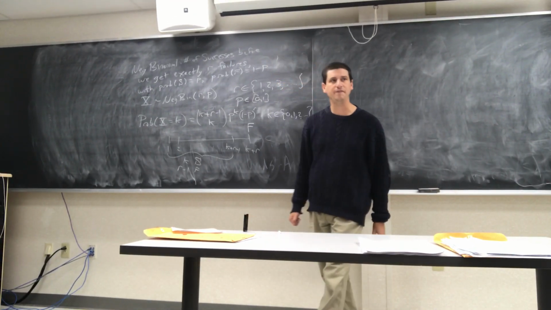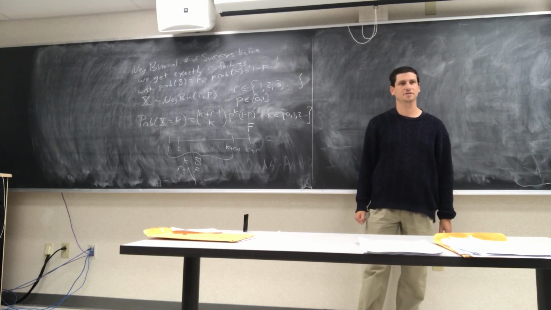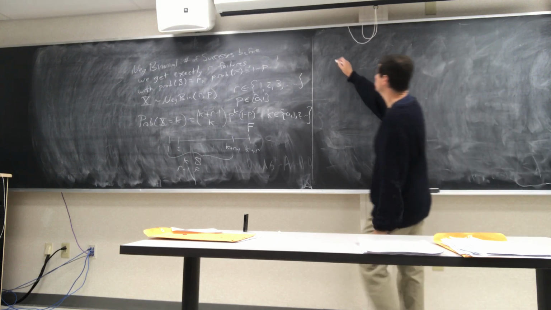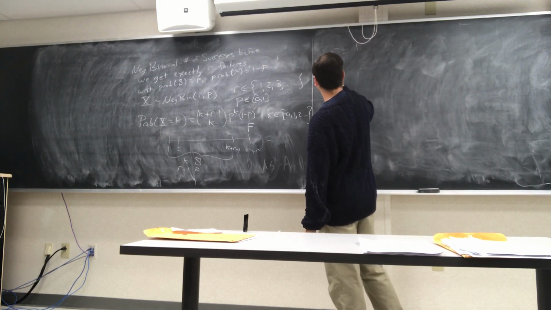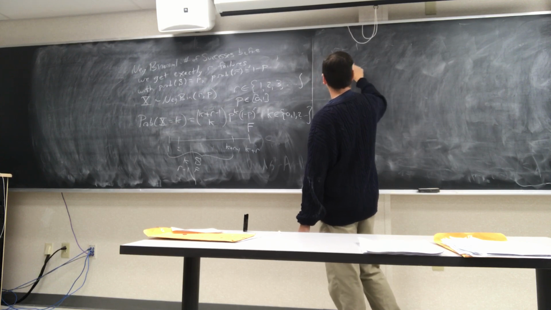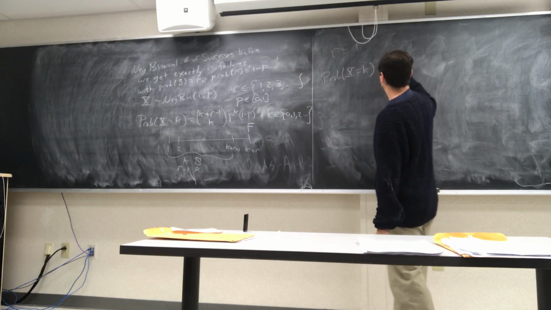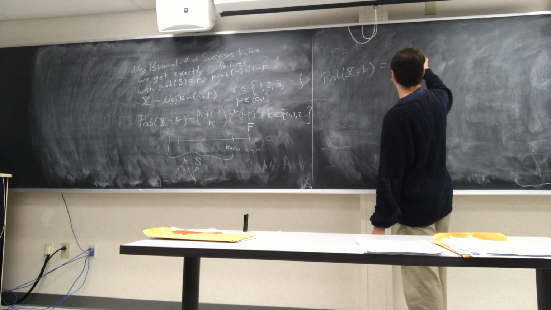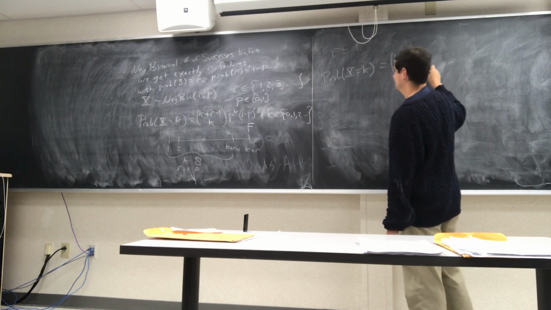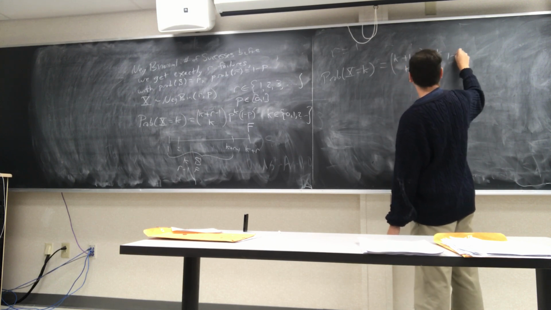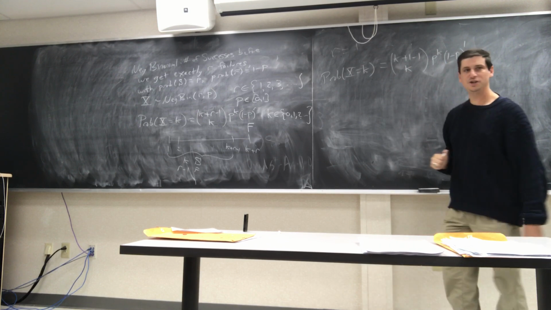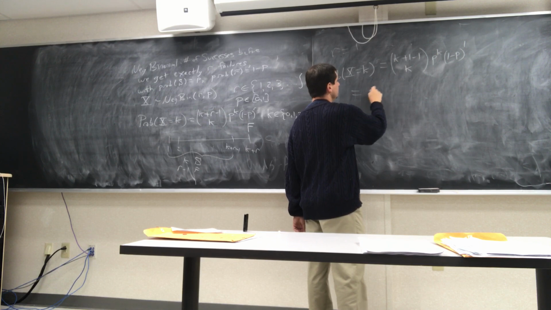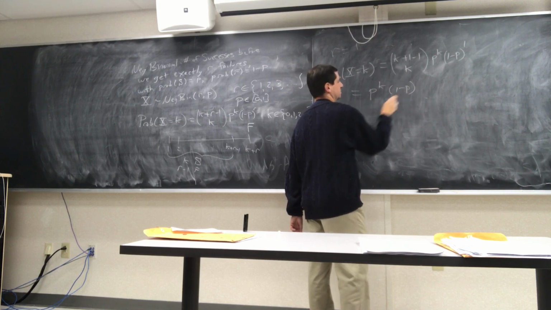Can anybody give me a good value of r to study? 1. So if we take r equals 1, then the probability that x equals k is now just k plus 1 minus 1 choose k, p to the k, 1 minus p to the 1. Let's write it out in its full glory. So that's it in its full glory, right? After we simplify, it just becomes p to the k, 1 minus p.